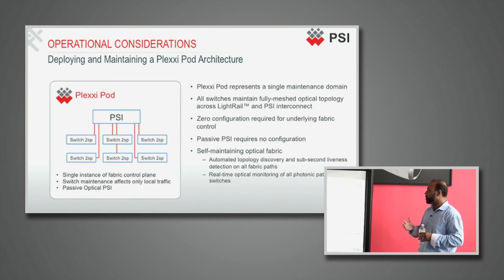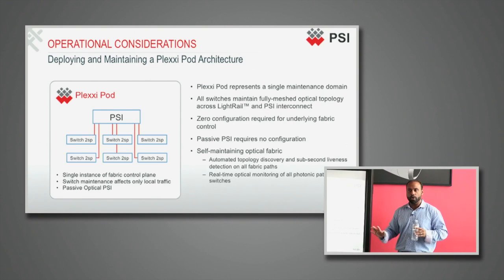All the switches maintain that fully meshed optical topology, just like before. There's no configuration required for this, so it's a completely passive layer, and it is all self-maintaining. So if you pull a switch out, all the bypasses are maintained. All that stuff happens very nicely.